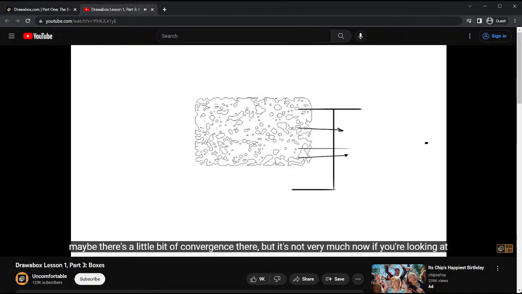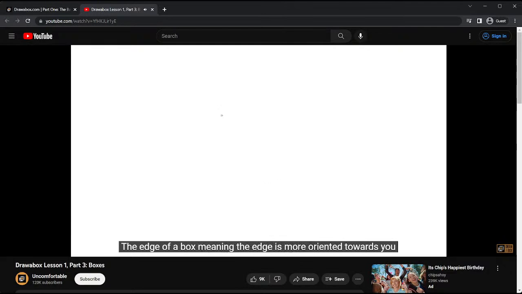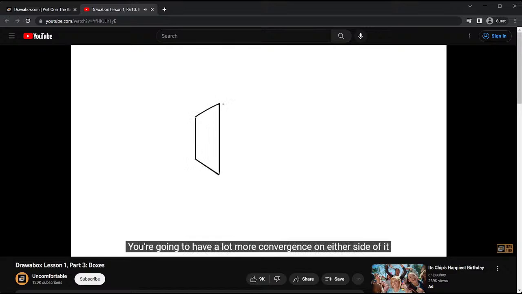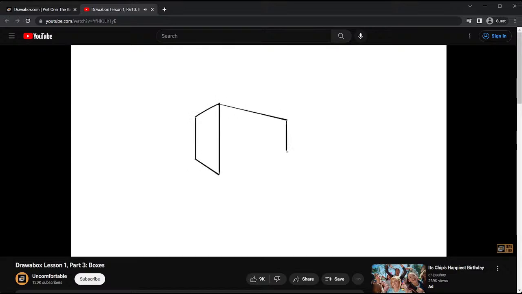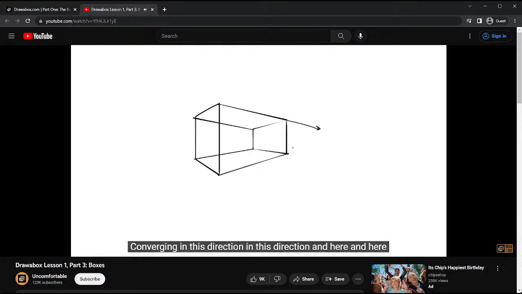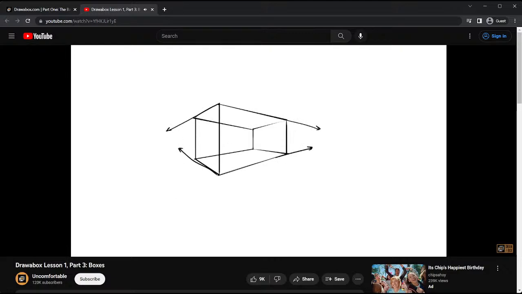Now, if you're looking at the edge of a box, meaning the edge is more oriented towards you, you're going to have a lot more convergence on either side of it. So you can see how this box is converging in this direction, and here, and here.